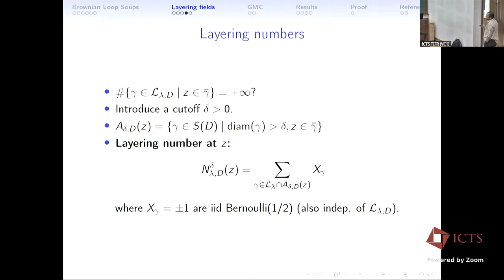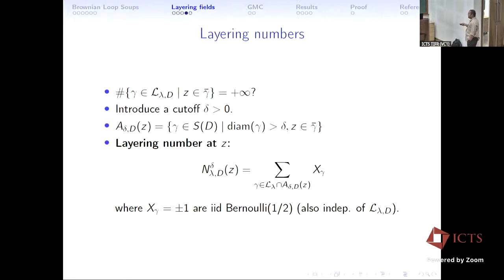So the layering number at z, so you look at all the loops that cover z, you flip an independent fair coin, and you assign +1 if it's heads, and -1 if it's tails, and then you sum up those signs. So this is what this summation means. And so I've defined the layering number, and now I can define the layering field.